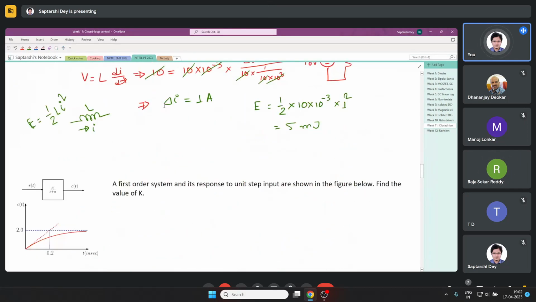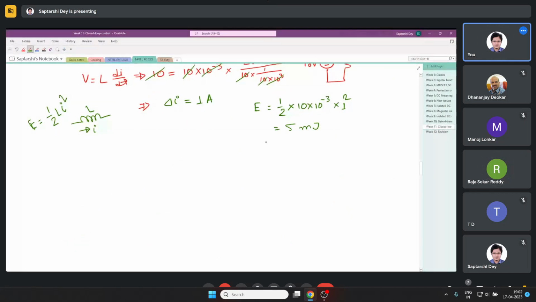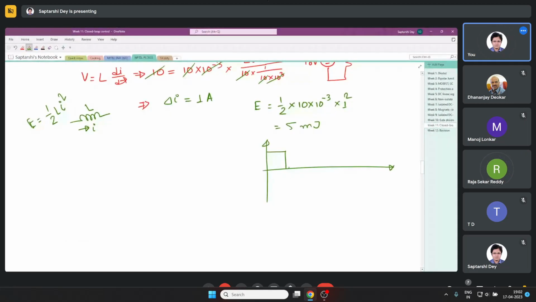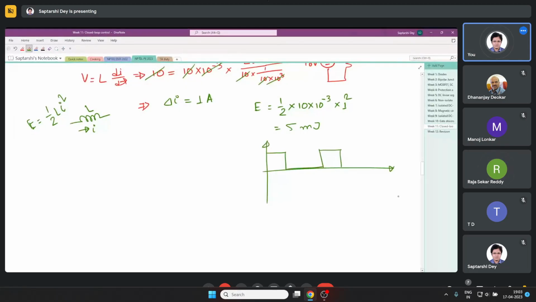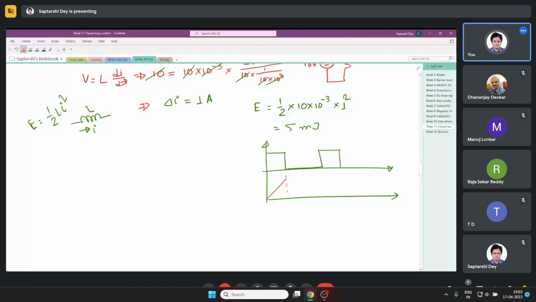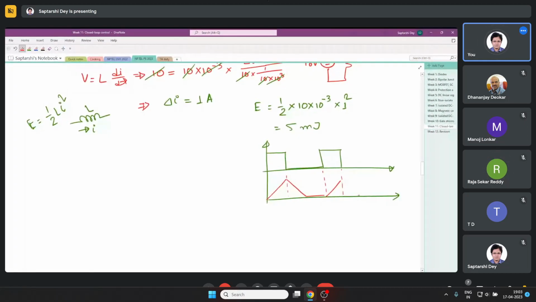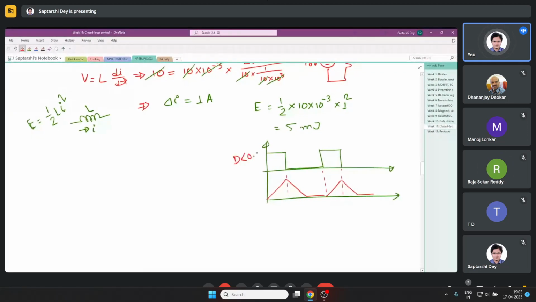If D is below 0.5, it will operate in discontinuous conduction mode. The current will rise like this, drop, stay at 0, again increase like this, drop, stay at 0. In this fashion it will operate for D less than 0.5.